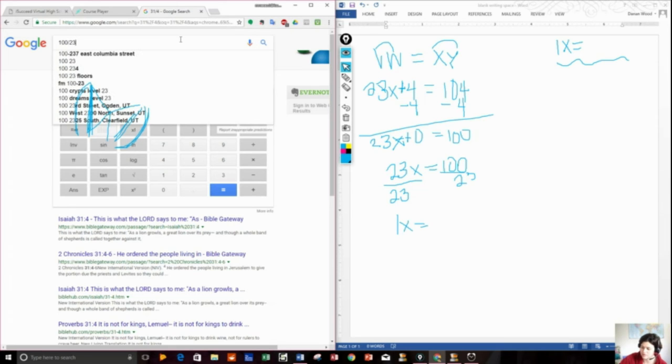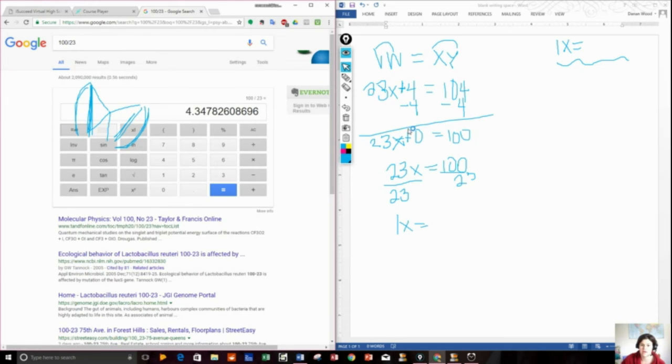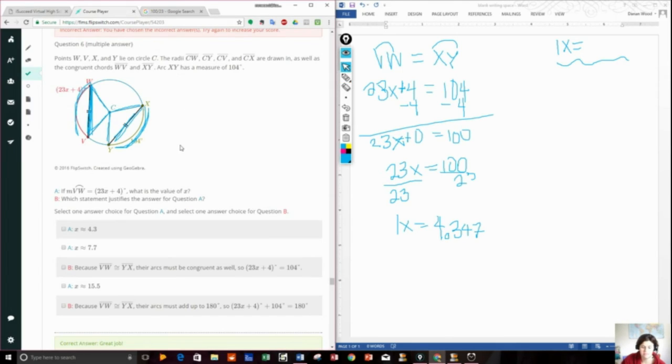That's going to give us 4.347. Okay, so now let's check. They want the value of x, and we met our ultimate goal. So x is approximately 4.3.